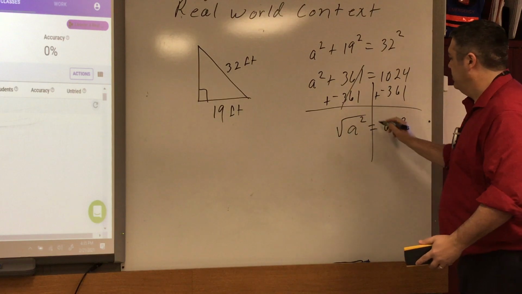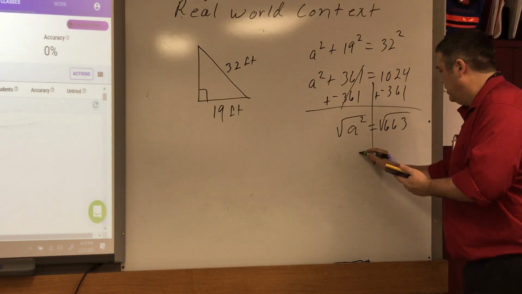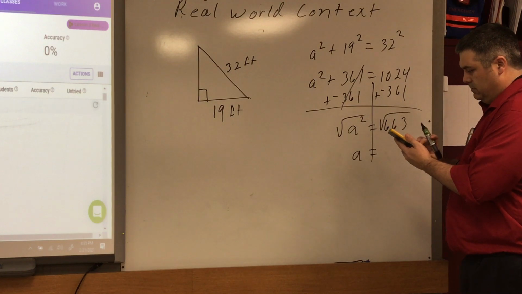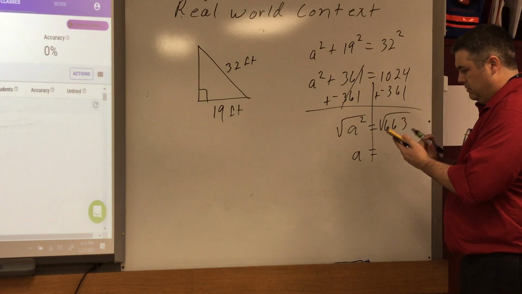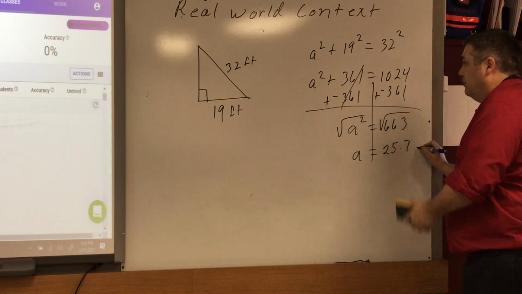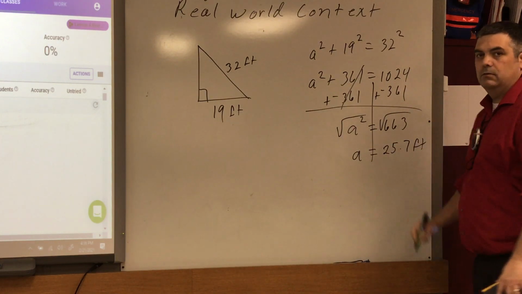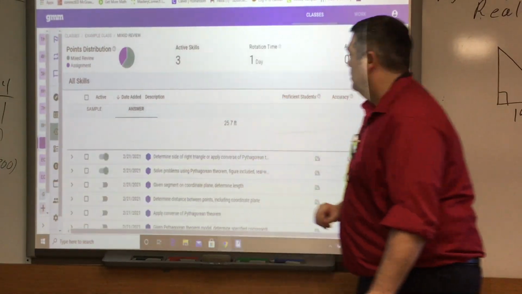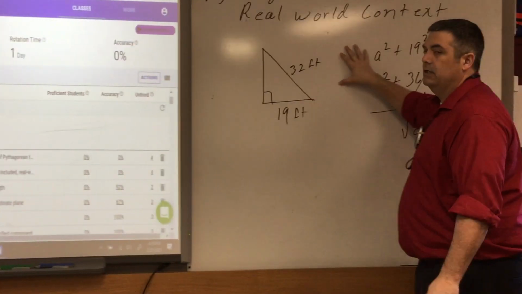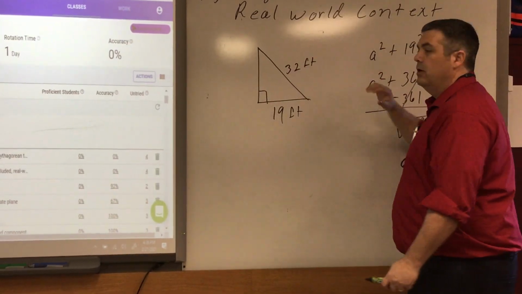Take the square root here, get A equals 25.7 feet. That's what you're looking at. All right. 25.7 feet.